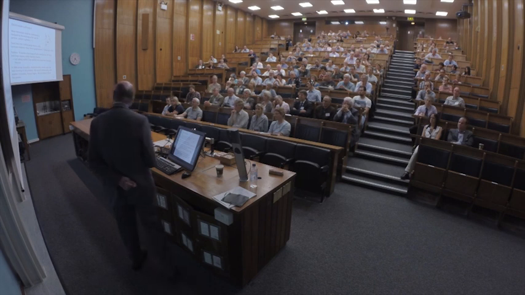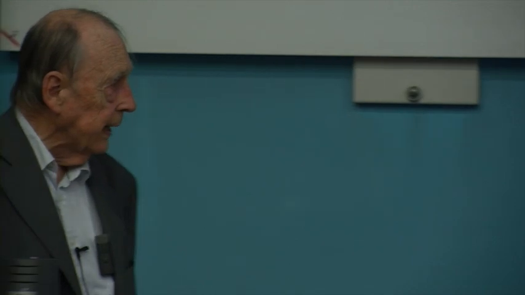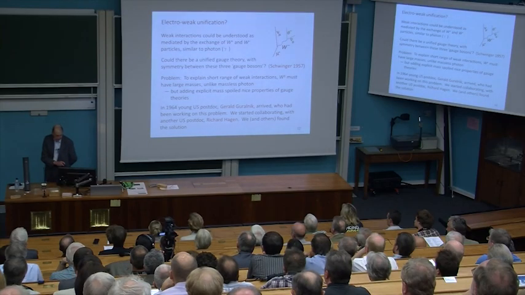Anyway, when Guralnik arrived, we started working on this problem. There had been a lot of discussion about the problem, of course, at Imperial before that. But we started working on it, and with another US postdoc, and we and others found the solution. And the solution is what is called the Higgs mechanism.